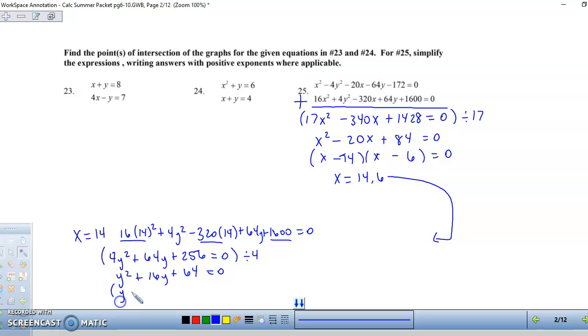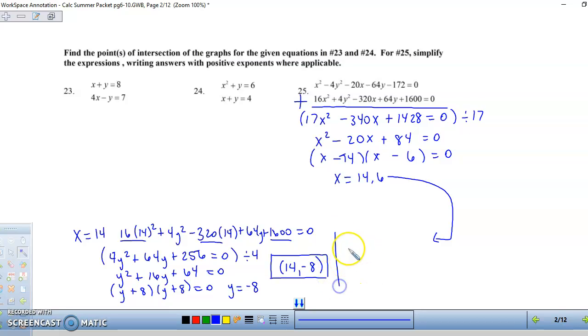Okay, that factors nicely as well into y plus 8 and y plus 8. So here you get y equals negative 8. So it ends up there's only one y value for that x value. So one of my intersection points would be at 14, negative 8.